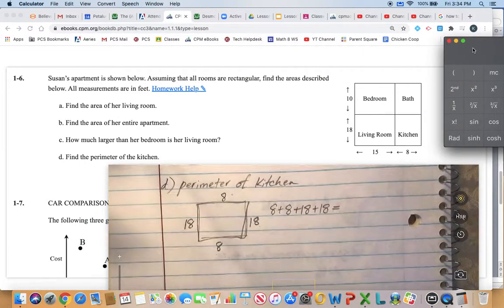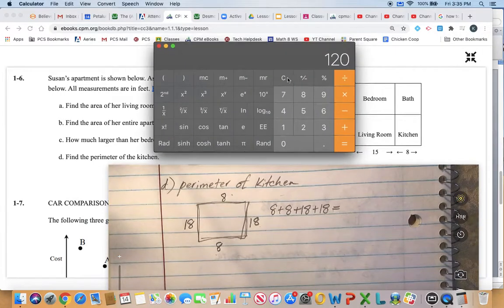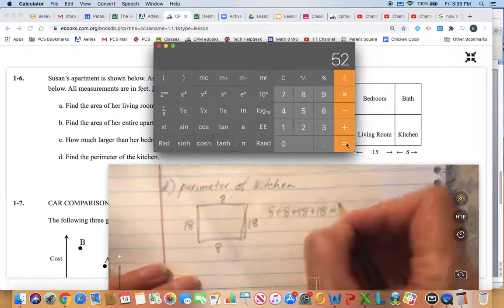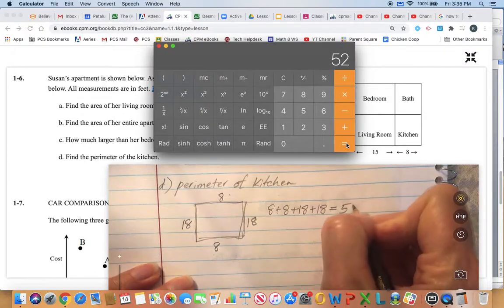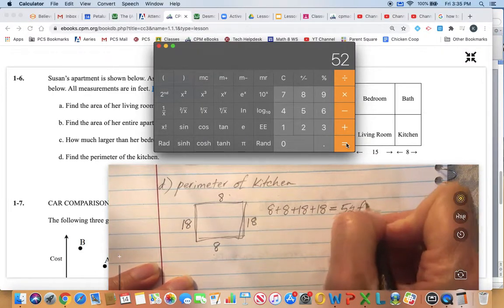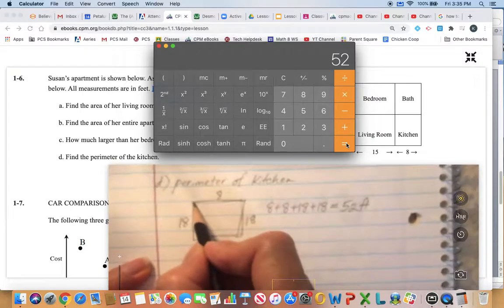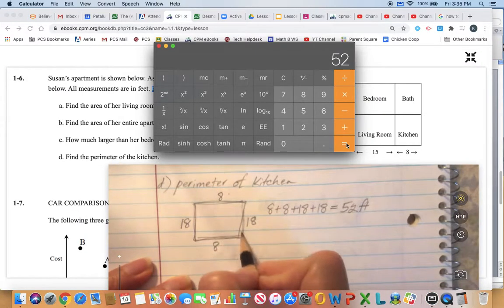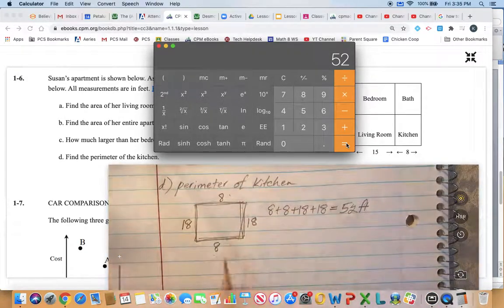Okay, so let's do the math on that one. So 8 and 8 is 16, plus 18 plus 18, and that equals 52. So it's 52, and it's only feet. It's not square feet because we're just adding up the outside distance.